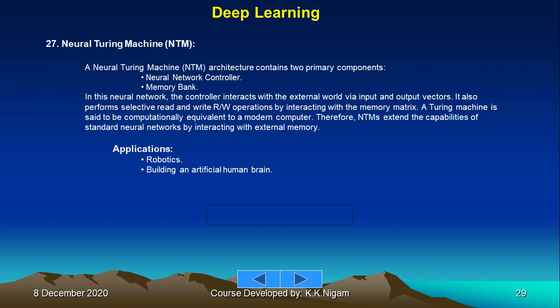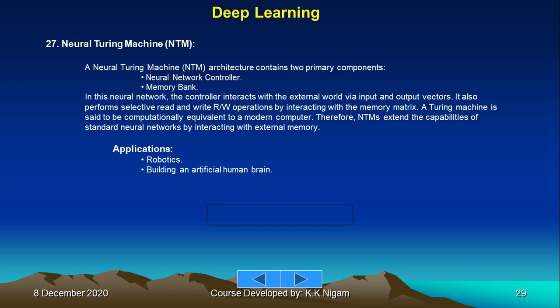Neural Turing machines, that is NTM. A neural Turing machine architecture contains two primary components, a neural network controller and a memory bank. In this neural network, the controller interacts with the external world via input and output vectors.